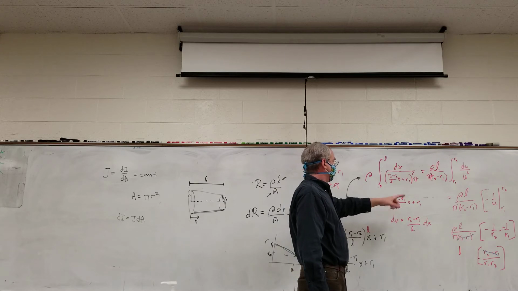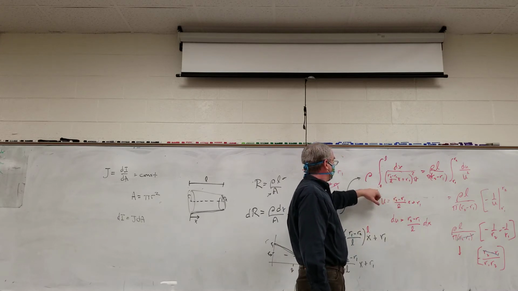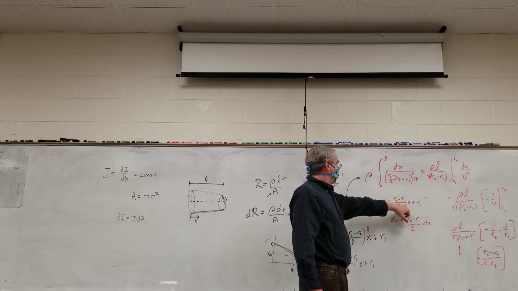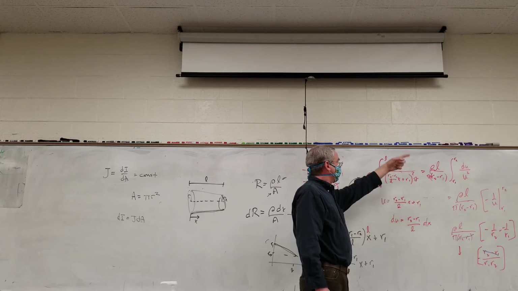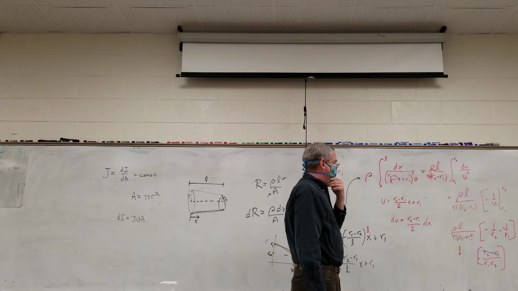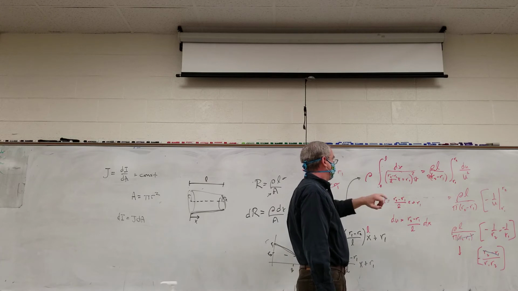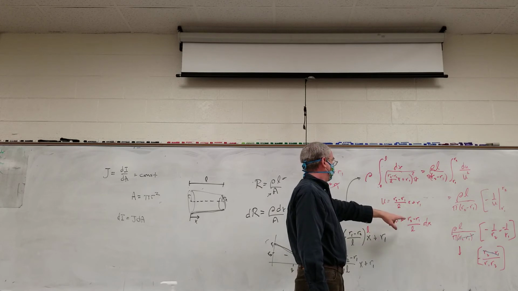No. When I stick in, because we're going from 0 to L, I put in a 0 here, and I got R1, put in an L here, and I got R2, that's right. L, so when I flip that over, that's an R2 minus R1 there.